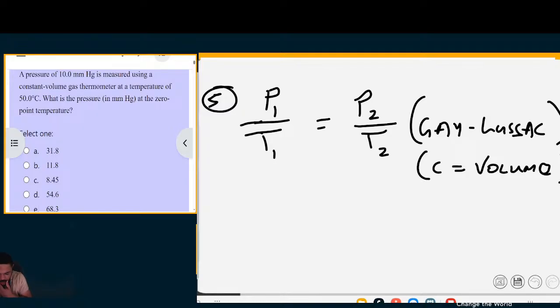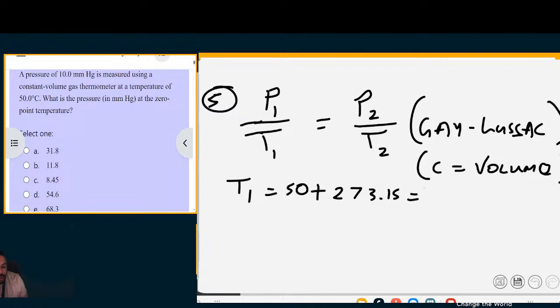Now if we use this, they want the pressure at some other point. You have the initial temperature and the final temperature. The initial temperature T1 is 50.0 degrees Celsius plus 273.15.